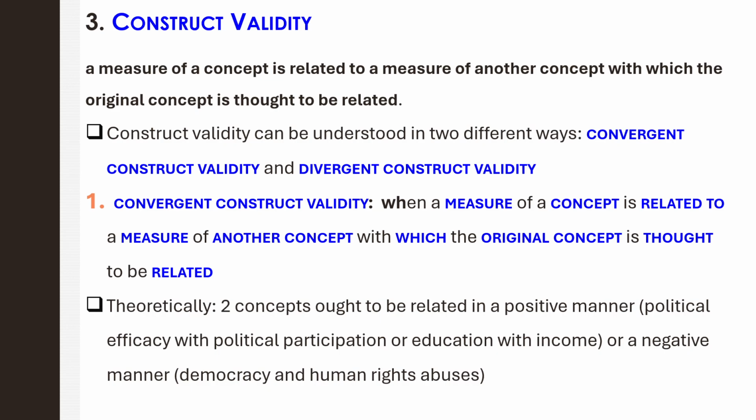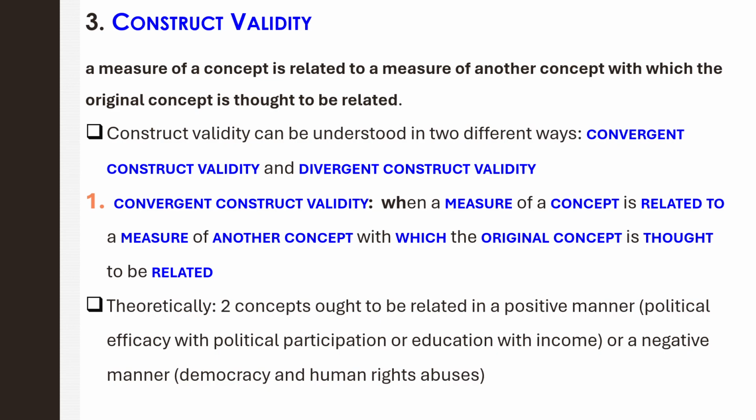The more complex explanation is that a measure of a concept is related to a measure of another concept with which the original concept is thought to be related. So welfare and food pantries. If I measure the utilization of food pantries, it is likely that the person who says yes to food pantries will also support welfare. Again, sometimes this is because of access.